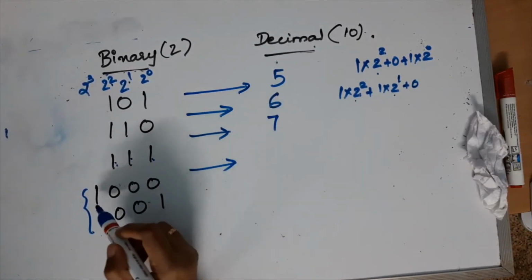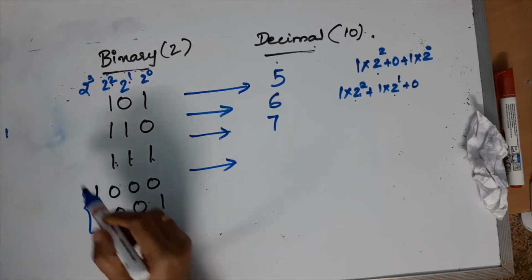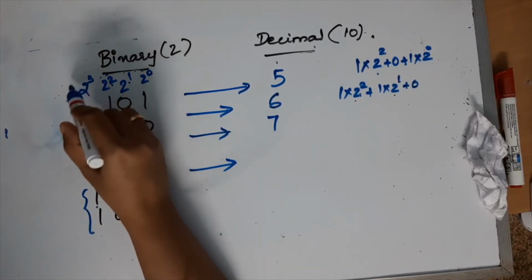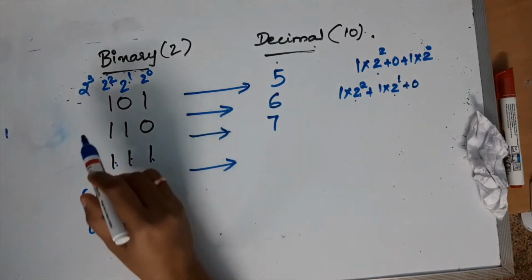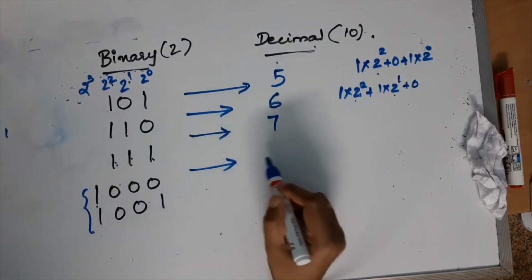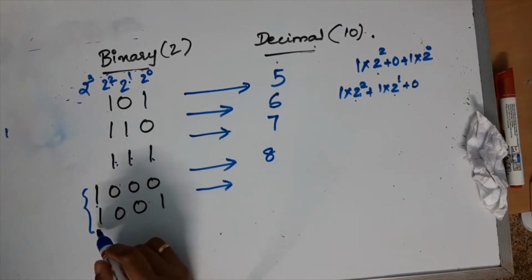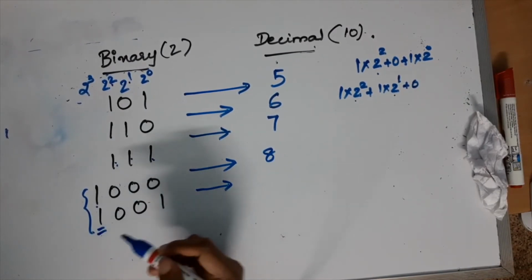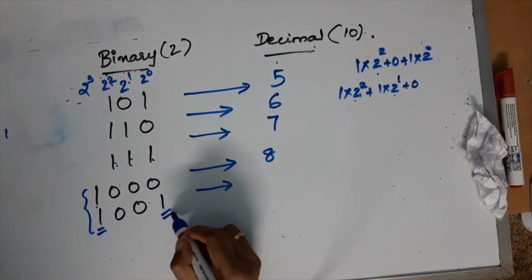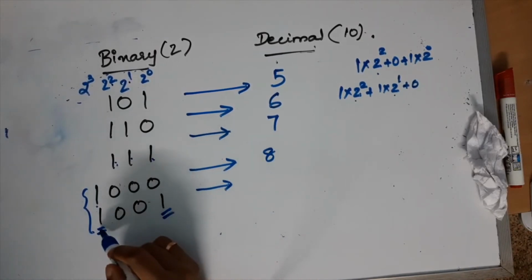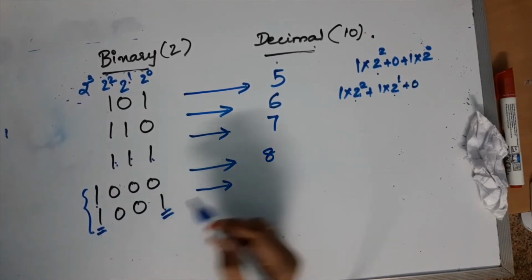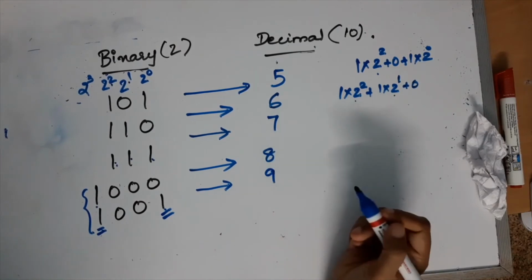Here you have only 1 and that is in the position 2 raised to 3. So 2 raised to 3 into 1, that is 8. And here you have 2 ones, one in 2 raised to 3 position and another in 2 raised to 0 position. So this will be 8 plus 1 equal to 9.